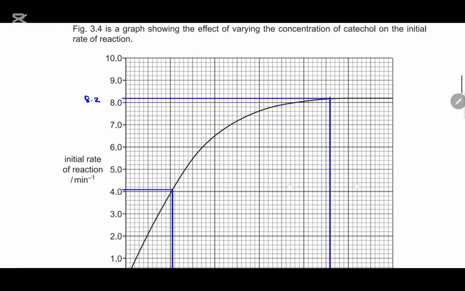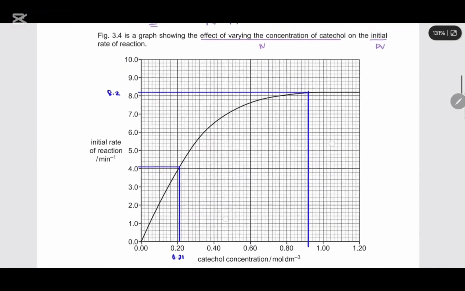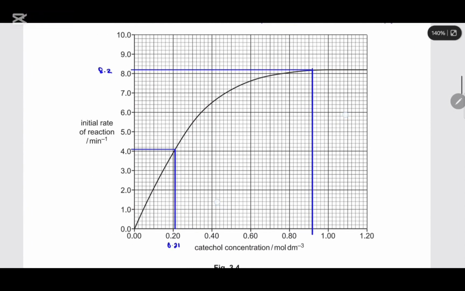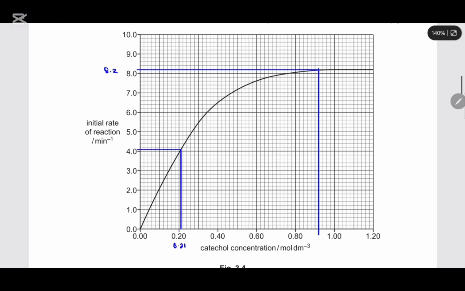And then we look at the graph showing the effect of varying concentration of catechol, that's our independent variable, IV, on the initial rate of reaction. That's our DV, dependent variable, what we're measuring. So let's look at the graph. Again, for every graph, always look at what the axes are showing.